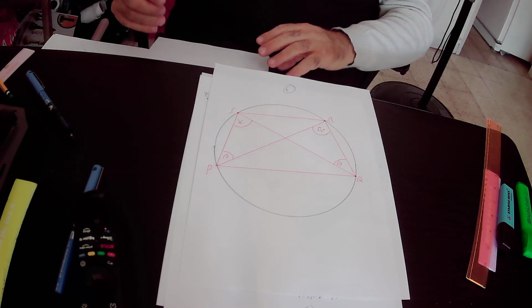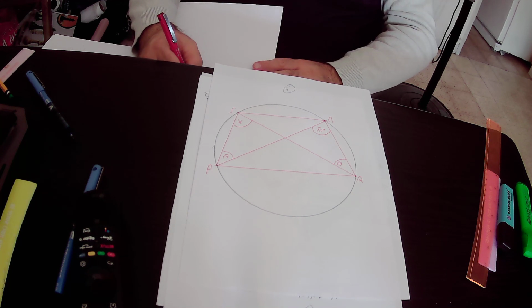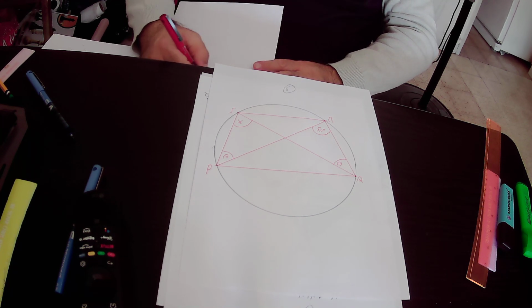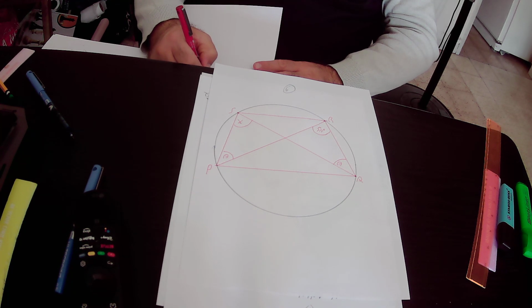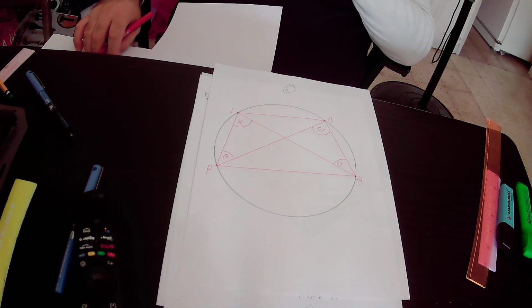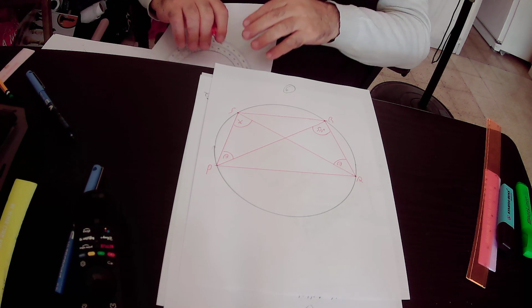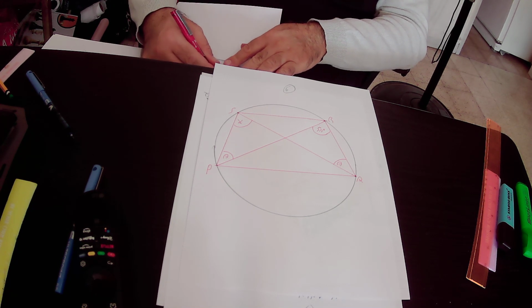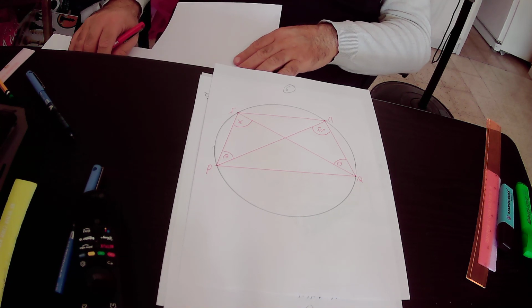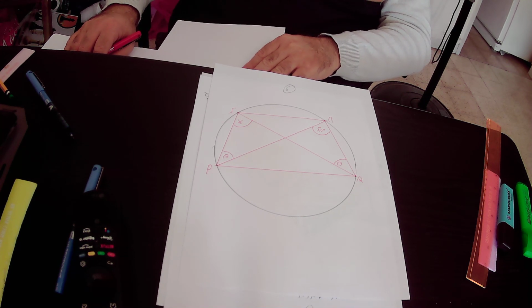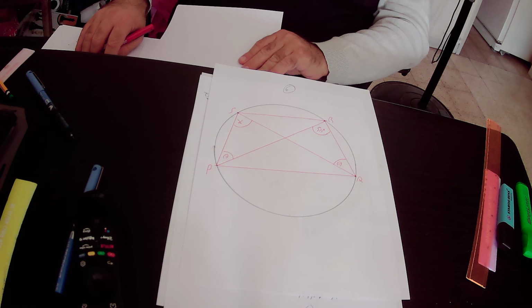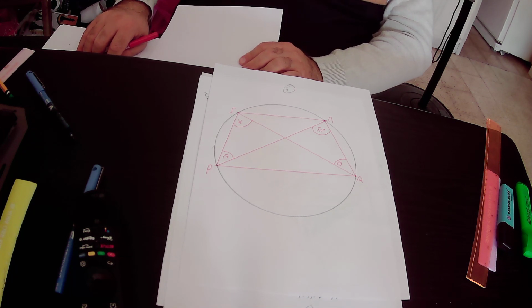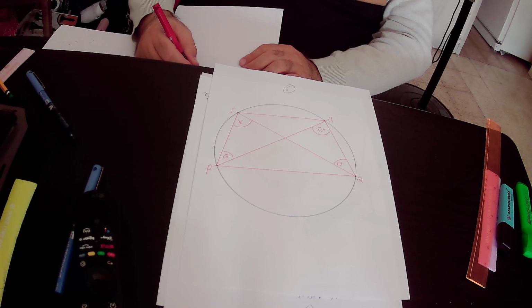And we have a rule that states that, rule number 2. Rule number 2 states that peripheral angles that subtend on the same chord are equal to each other.